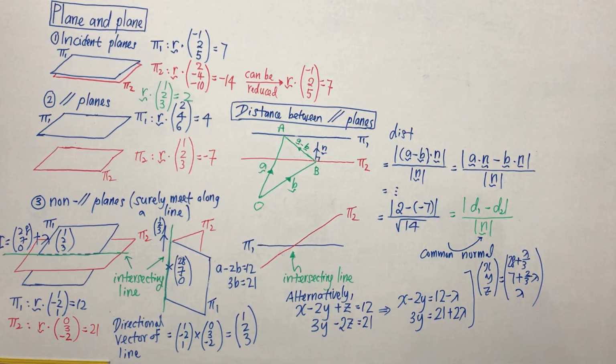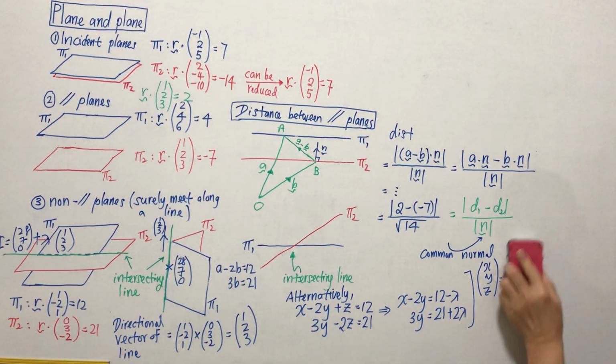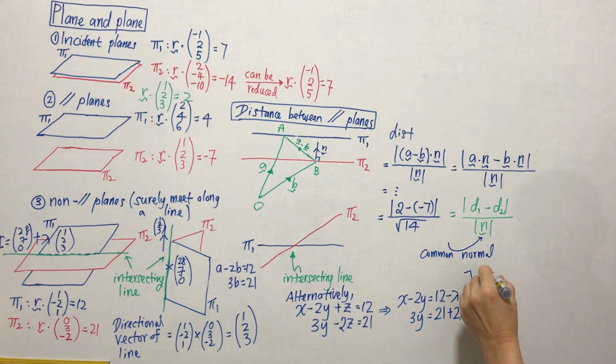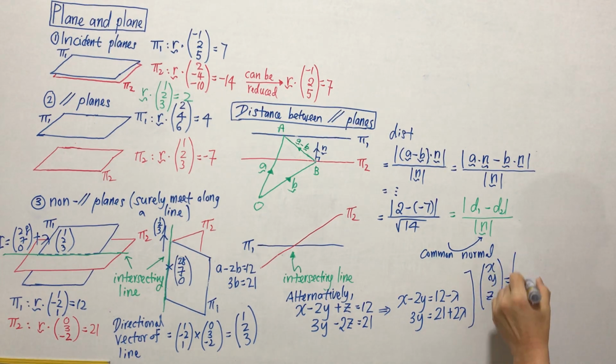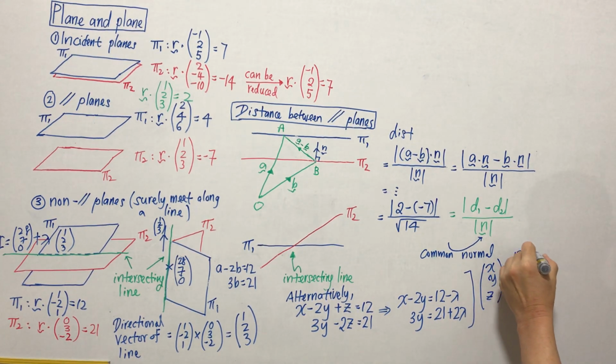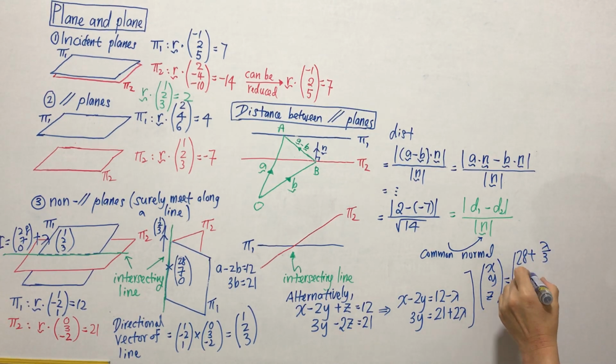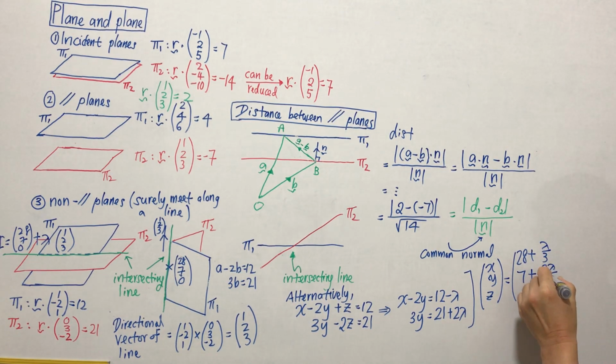Let me write bigger a bit, because earlier on I was afraid that it could not be read on the screen. Let me write again. If you solve them, you get x, y, z equals 28 plus lambda over 3, then y is 7 plus 2 lambda over 3, and z is lambda.